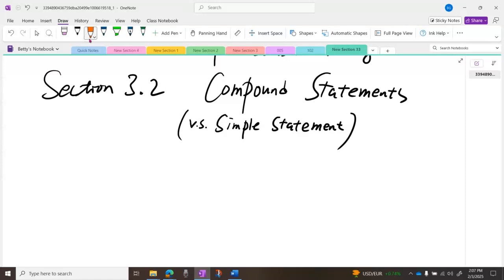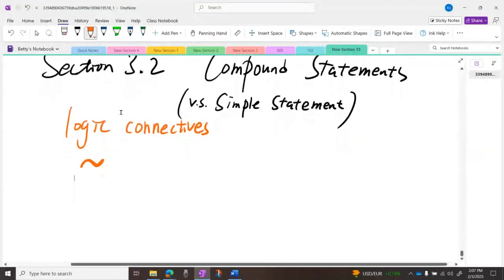And what are the logic connectives? We have already learned a connective. Technically it's not, because it only involves one statement, but for convenience, we're going to talk about them all together.